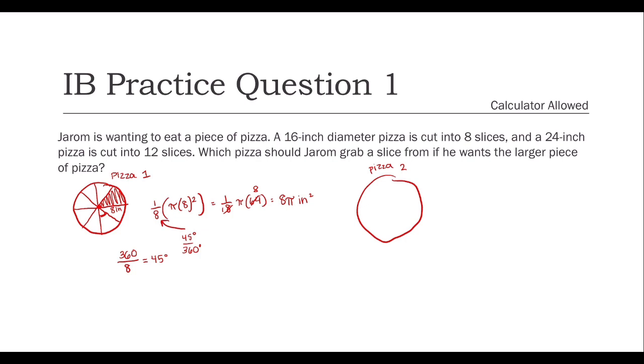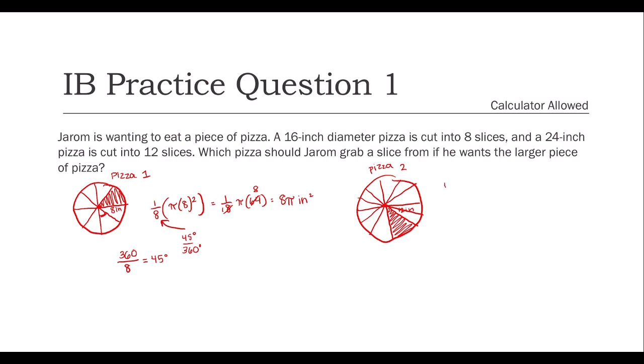So for pizza 2, our diameter is 24. So our radius is 12 inches. And it's cut into 12 slices. So it would be something like this. So we want to find the area of one of the slices.